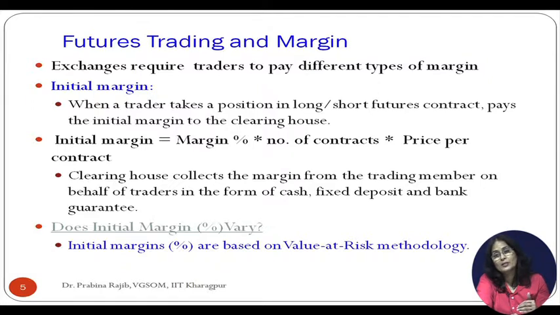What is the basis on which the exchange announces that the initial margin is going to be 4%, 5%, 6%, whatever that may be? Initial margins are based on value at risk methodology. Maybe many of you, as part of your financial derivatives, may have read what is a value at risk methodology. I will be briefly taking you through what it is and how the VAR methodology is used for calculating the initial margin.